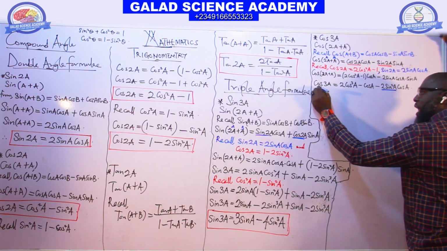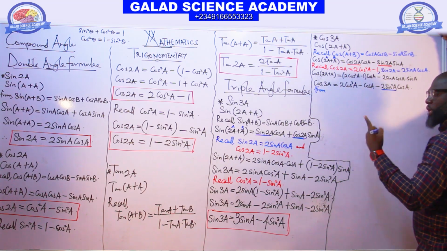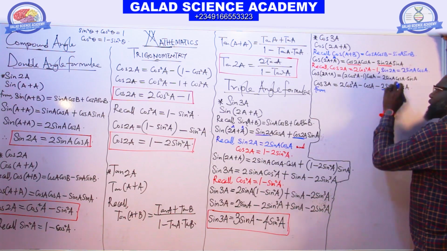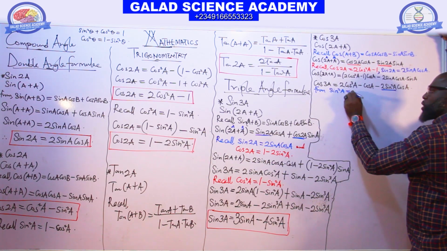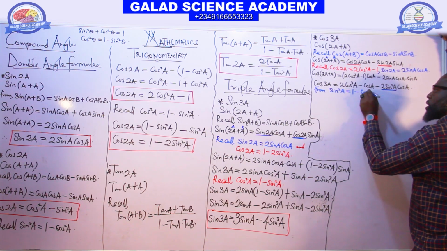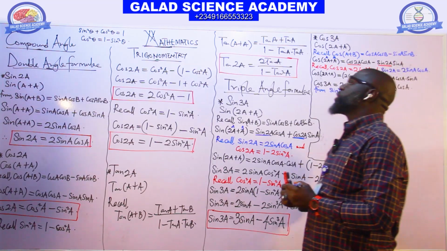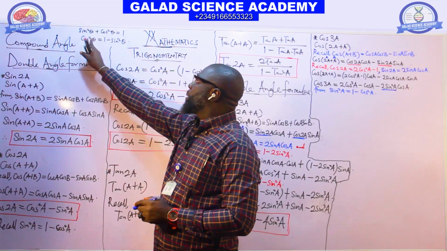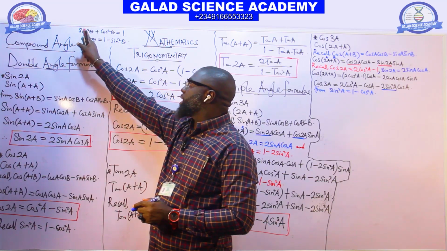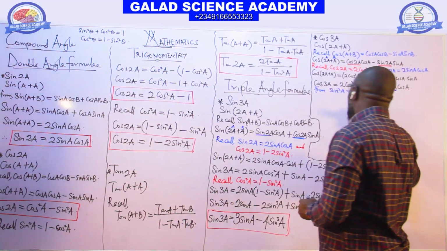From sine square theta plus cos square theta equal to 1, making sine square the subject, sine square A will be equal to 1 minus cos square A.